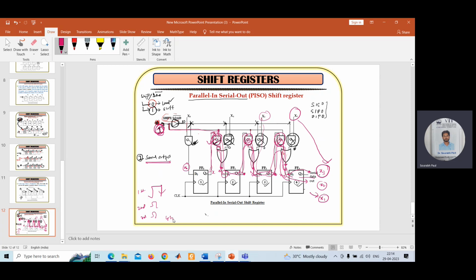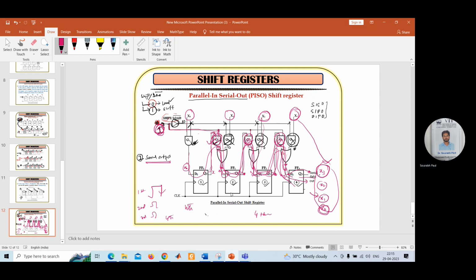Now, if we apply the fourth clock, X0 will be propagated from here to here and will come here. So if you want to get the entire bit combination, you need to use at least 4 clocks. Then only will you get the entire thing, from X3 to X0.